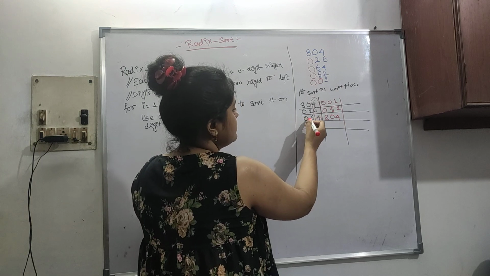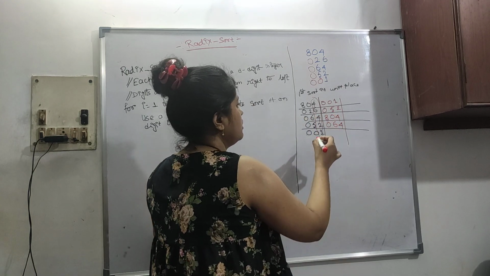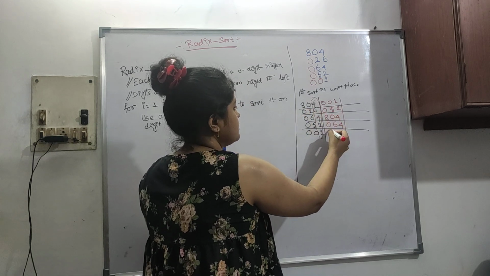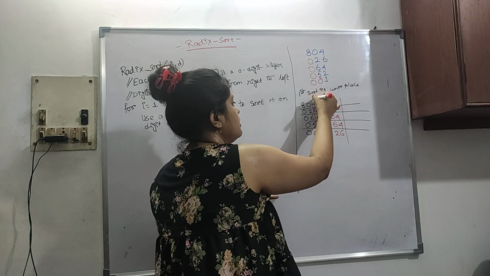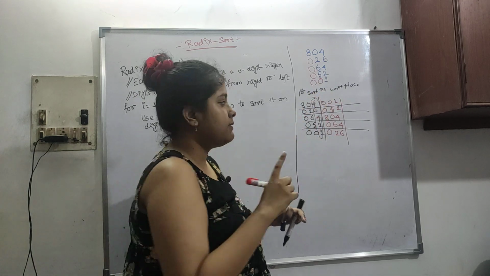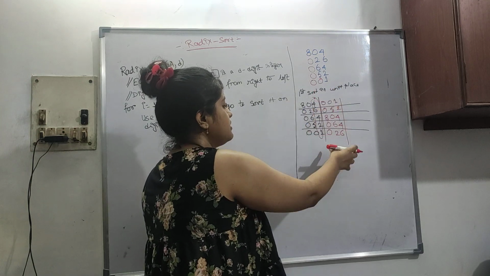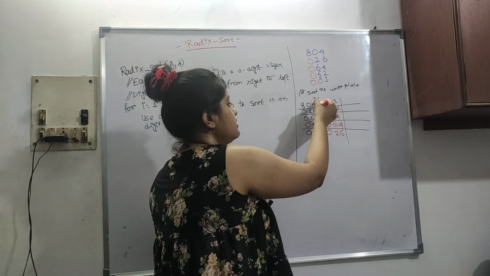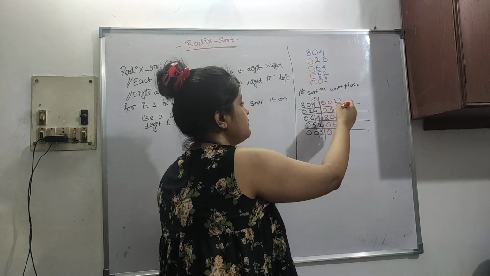Next is 0 6 4. Now last is 0 2 6, because 6 is at the end. We are just checking the units place and sorting by it. By using units place, this is sorted.